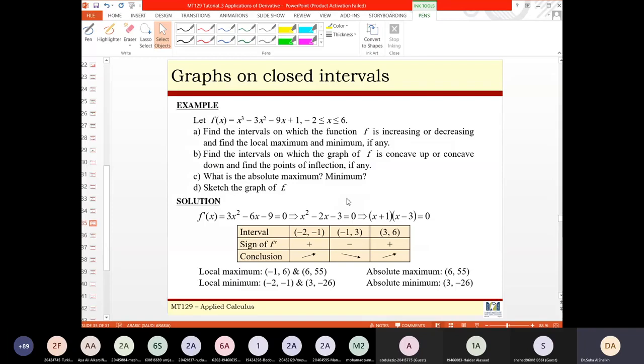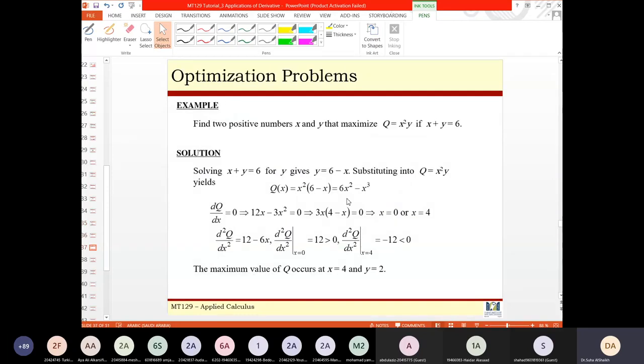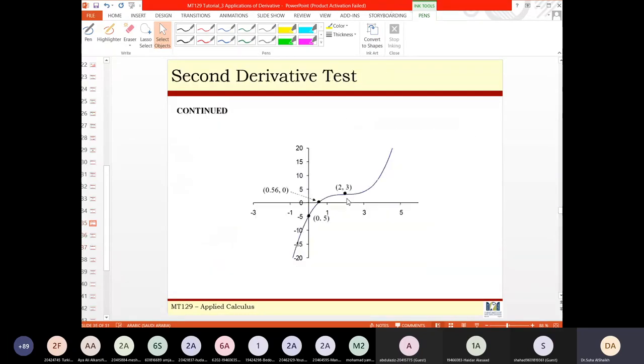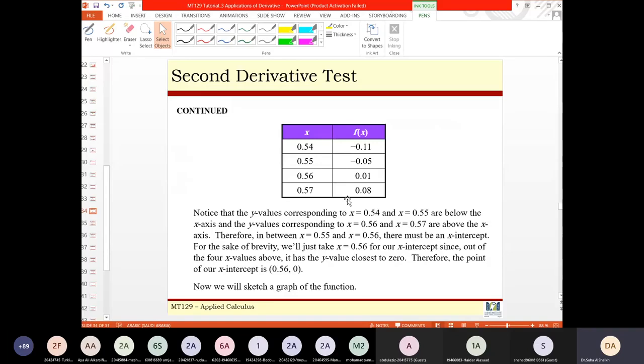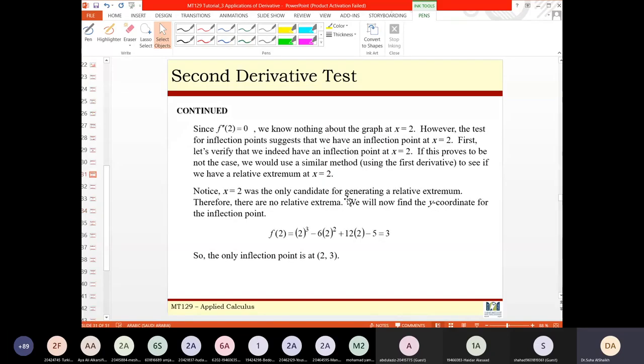We still have 2 examples. Do you want to continue or we keep it for next time? Shall we leave it for next time? Let's have a small revision now. Yeah, I know. Okay.